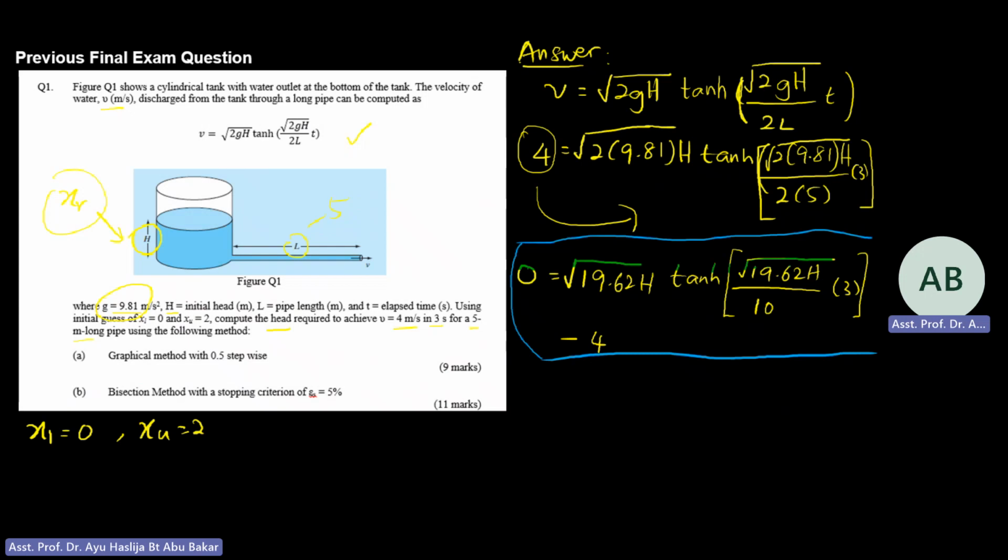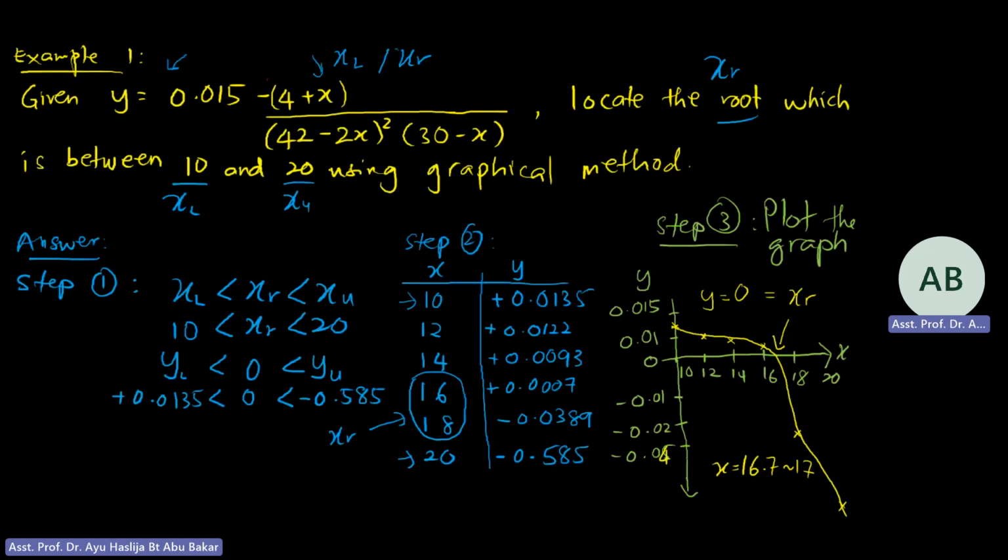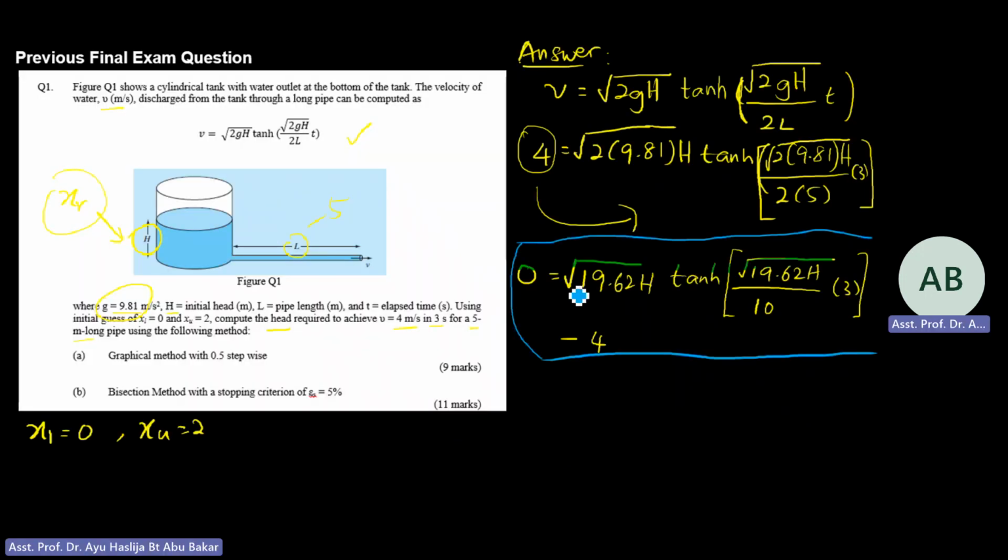In the previous example, it straight away gives you the equation, a straightforward equation. Here it gives you the equation over here, so you just use this equation in your calculation. In this final exam question, you will need to rearrange your equation first.